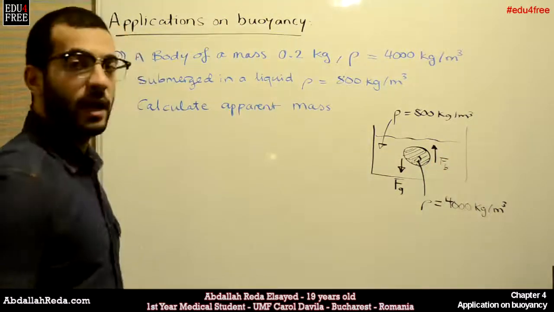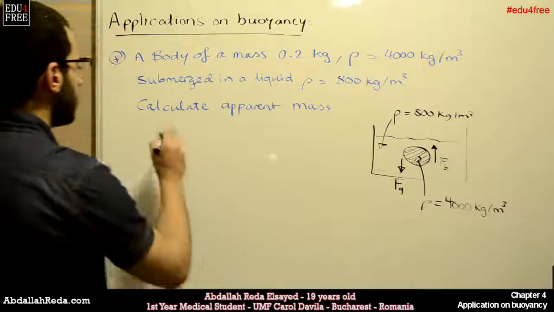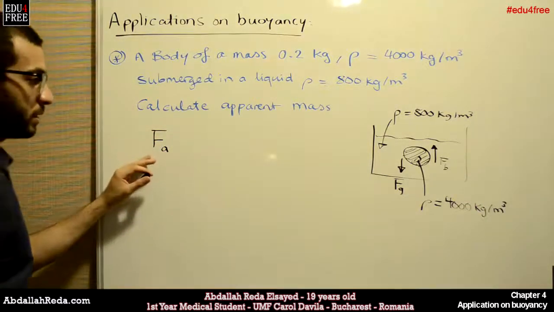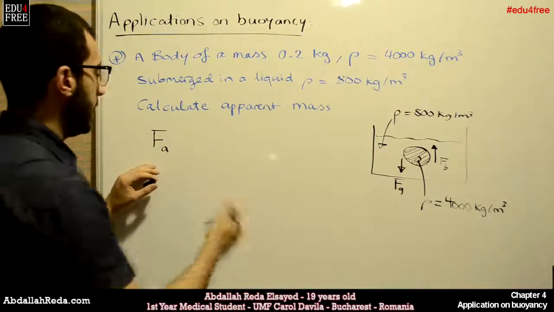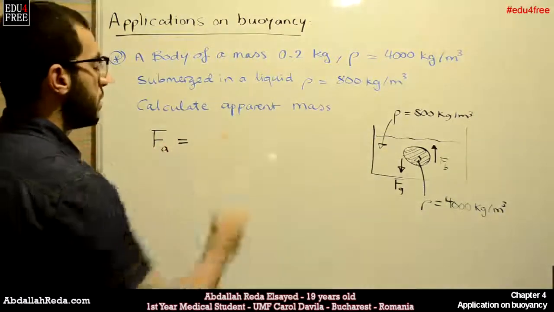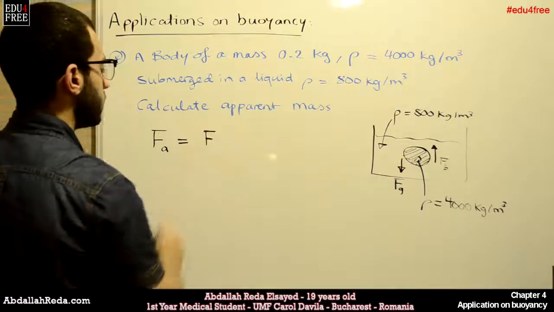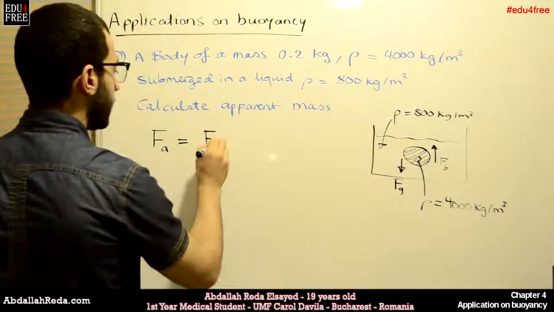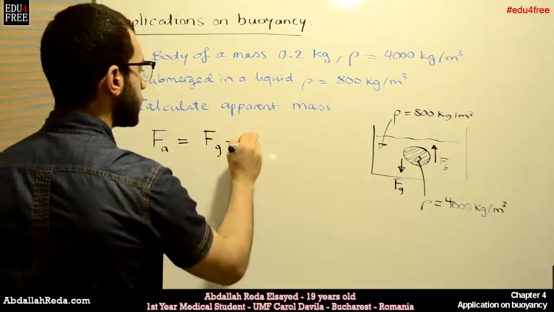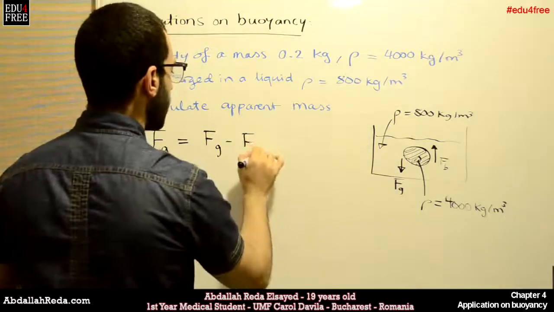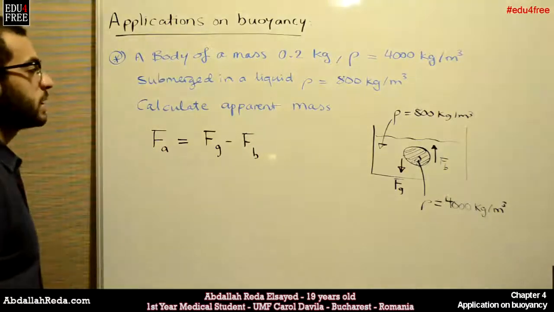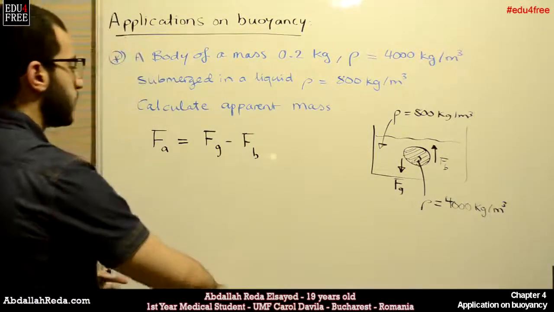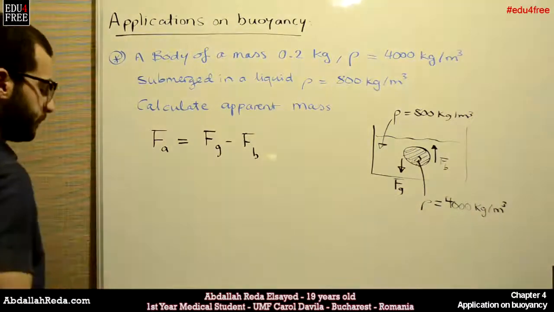And we have the apparent weight, we will call it Fa. And that apparent weight equals the force that pulls the body down minus the force that actually pulls the body up. So let's start to fill the gaps here.